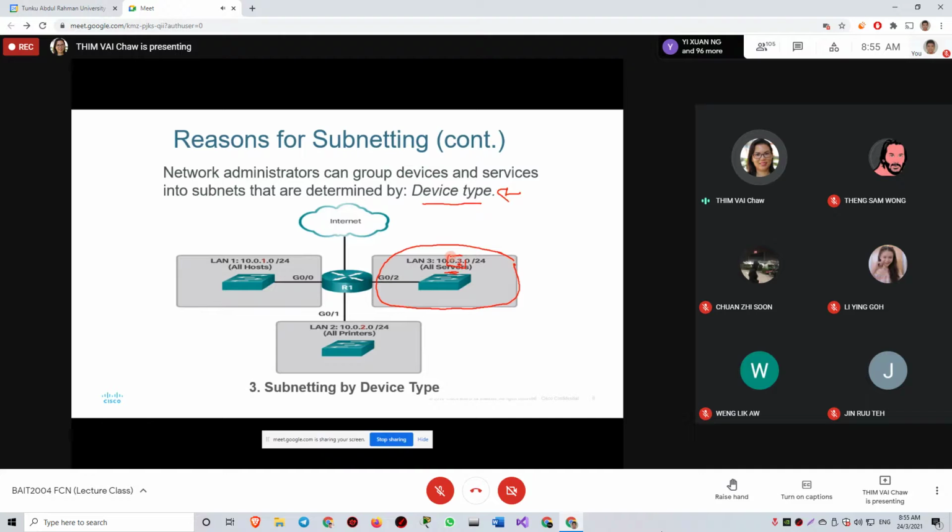So usually we use the in-front subnet address first. Later on we will expand it, because your network is 10 dot this number, and this one is the host.